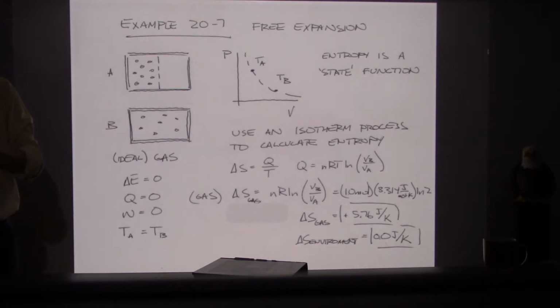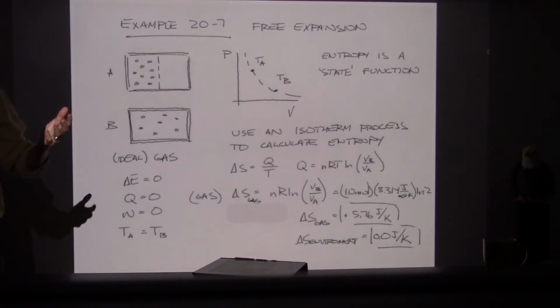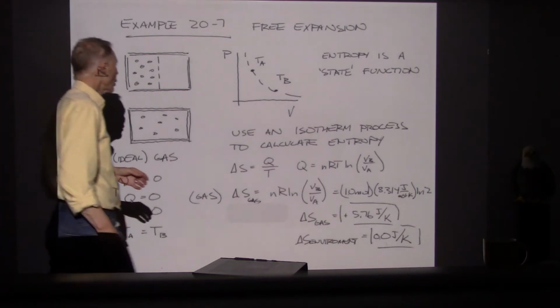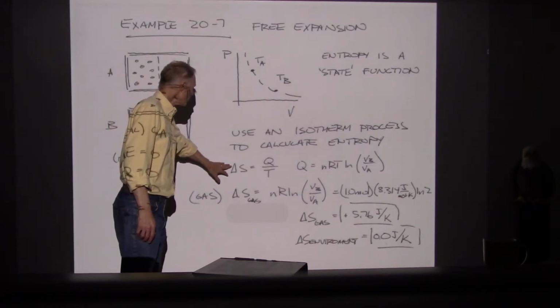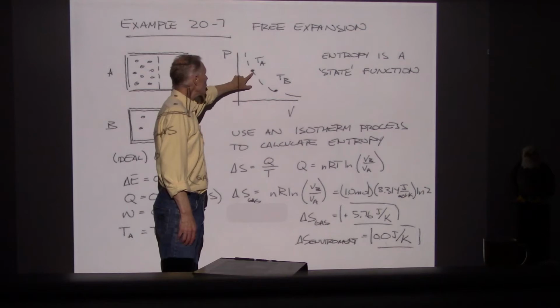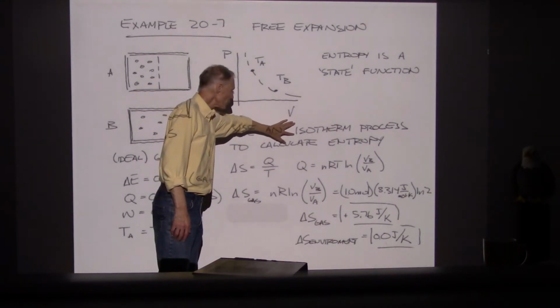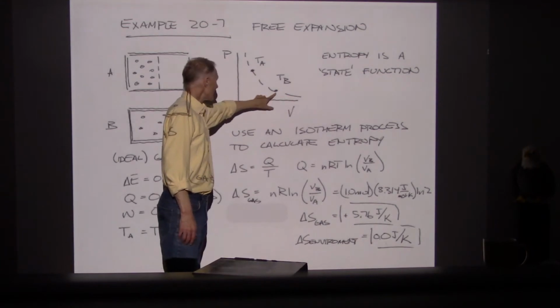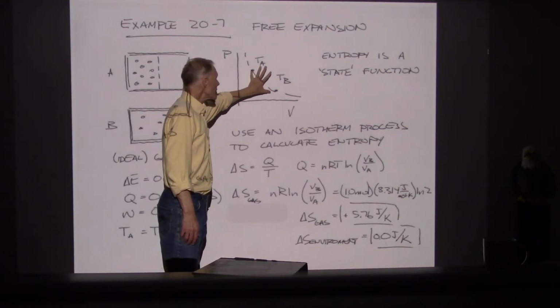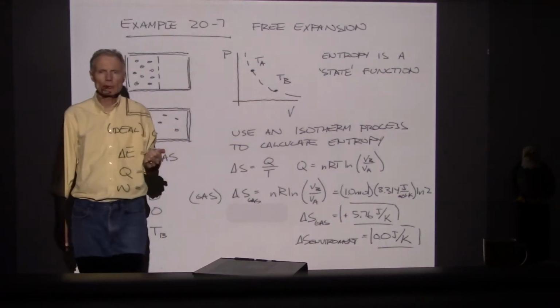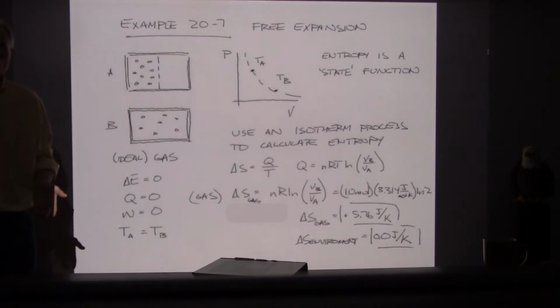Now that opens up a possibility for us to go in and calculate entropy, even though it's not clear any heat changed hands. So what we can do is say the entropy change of following an isotherm. If we use an isotherm to connect points A and B, whatever we calculate in terms of entropy changes for an isotherm will be the same as for a free expansion.